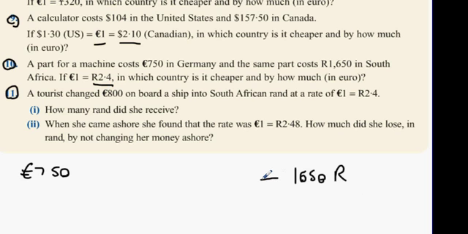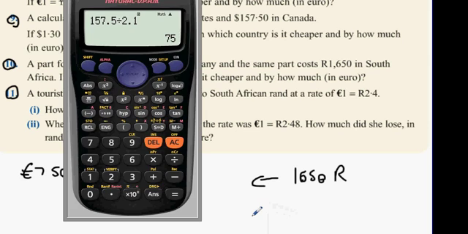So if we convert the South African money into euro, are we expecting a bigger number or a smaller number? Smaller. So we divide by 2.4, not multiply by 2.4. And what do we get? 1650 divided by 2.4? Anybody tell me?